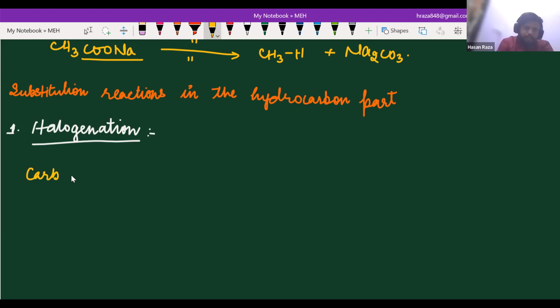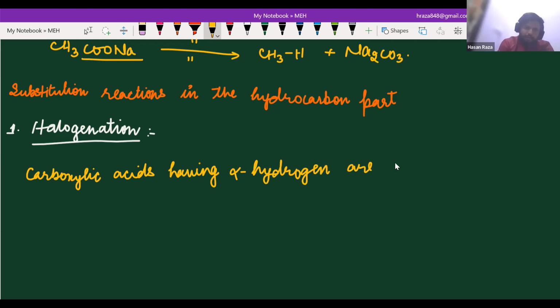So in this reaction, basically carboxylic acids having an alpha hydrogen, that we have already discussed what is alpha hydrogen in aldol, are halogenated. One alpha hydrogen will be halogenated.